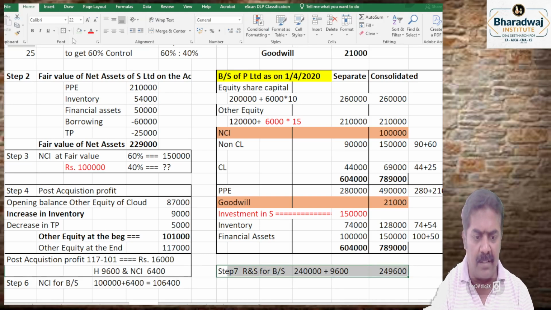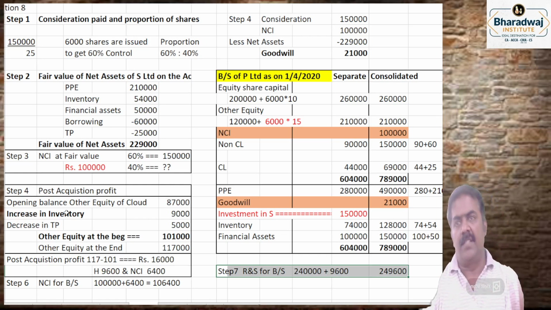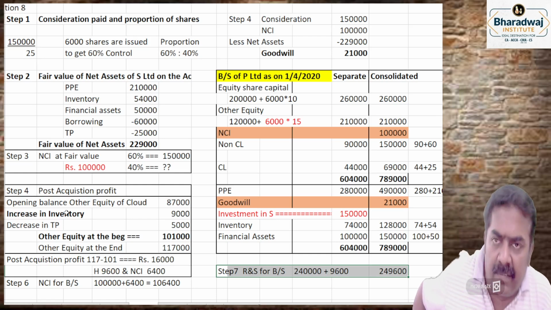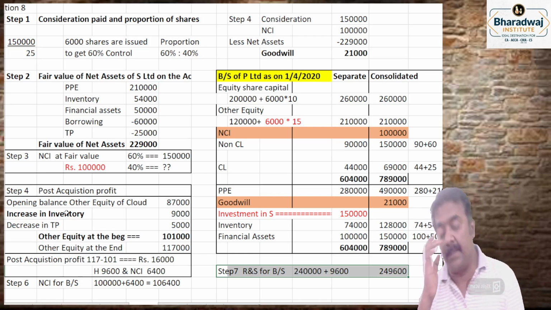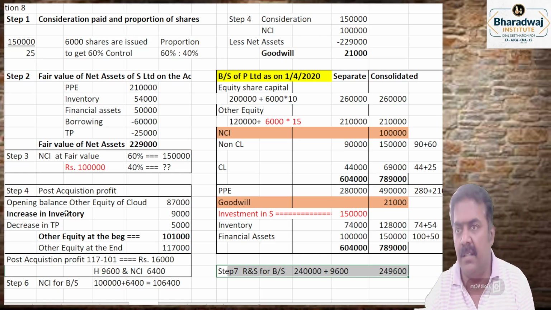This is the same as the other problems that we worked out. Financial assets we'll adjust in the balance sheet, and the fair value change we'll adjust in the balance sheet. Now we have to prepare the separate and consolidated balance sheet at the end of the year.